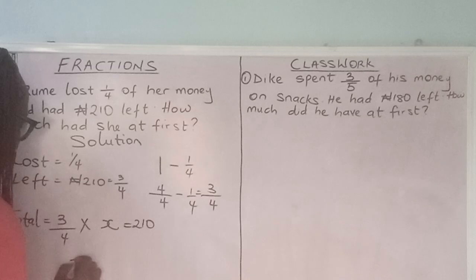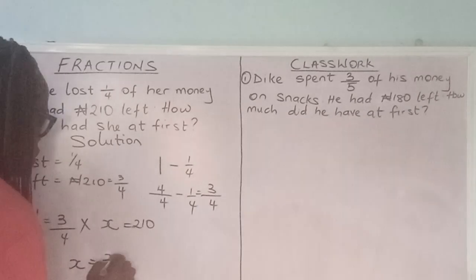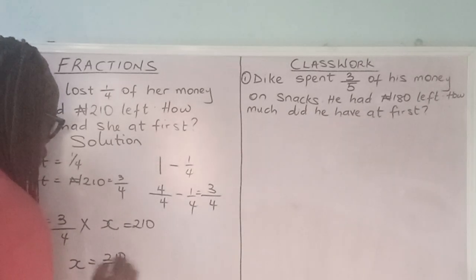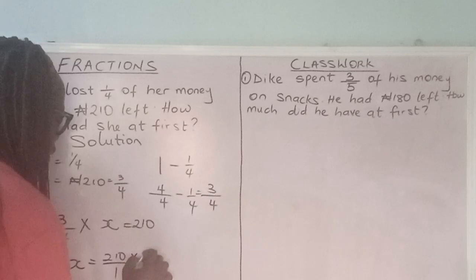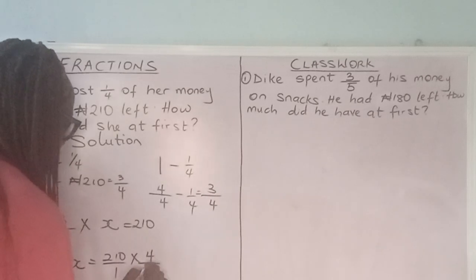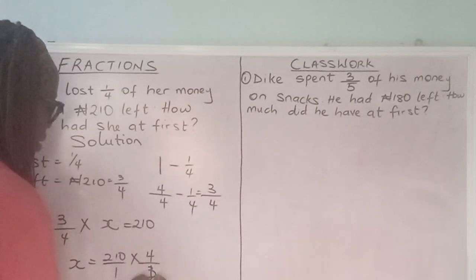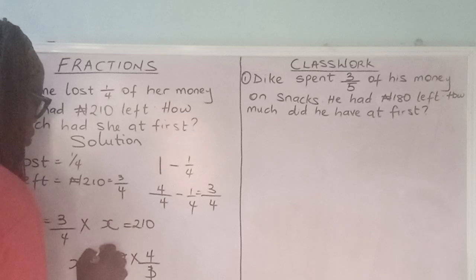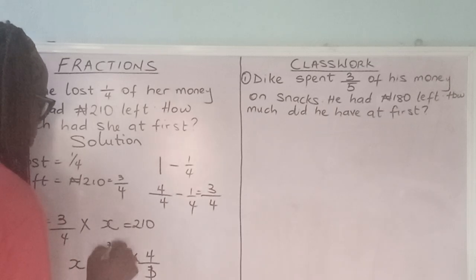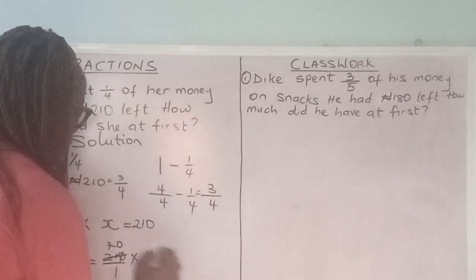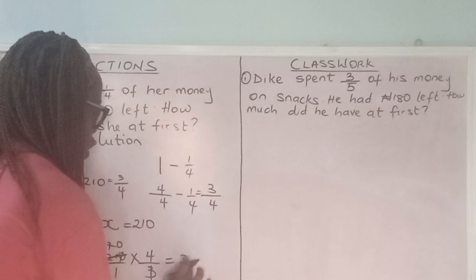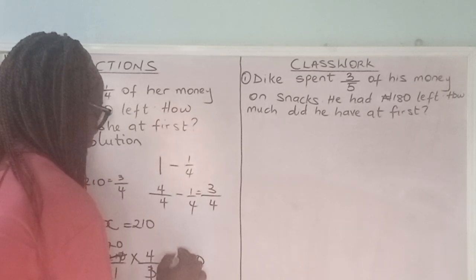Now, x is equal to 210 over 1 times 4/3. 3 divides itself 1. 3 divides 21, 7, 0. 70 times 4 is equal to 280 naira.